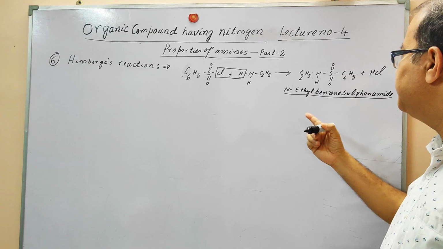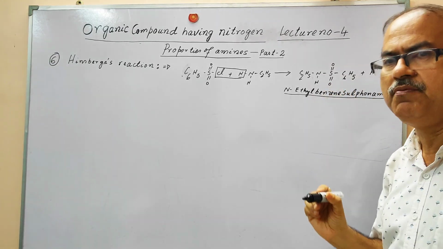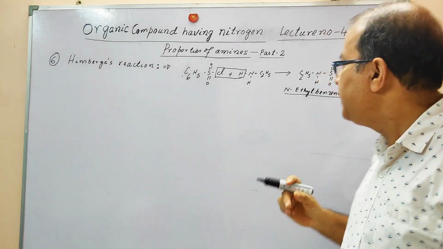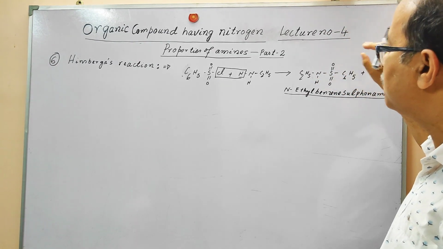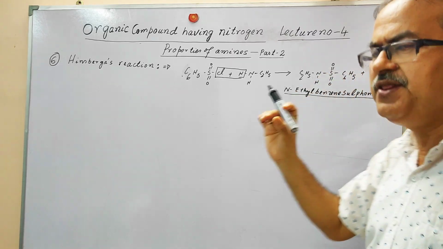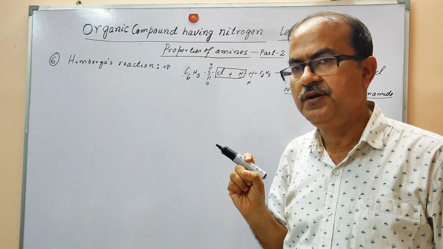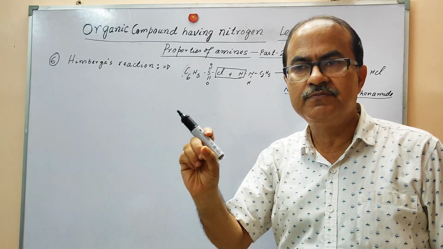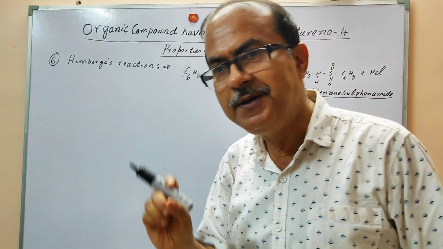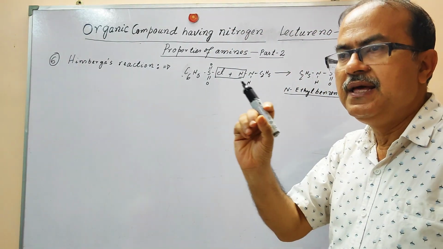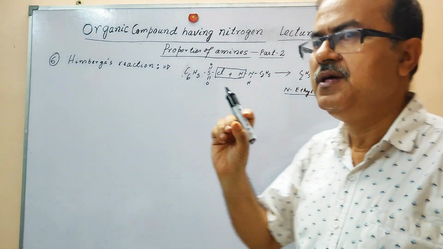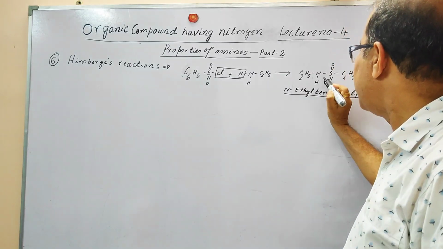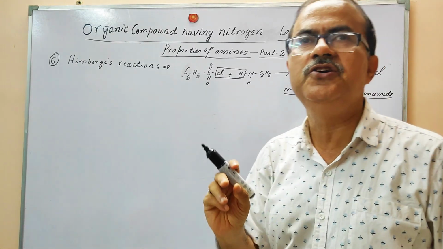Here you can see there is one hydrogen atom left in this benzene sulfonamide. Due to the fact that the sulfonyl group is highly electron withdrawing, and we know that if an electron withdrawing species is placed in the compound, the hydrogen atom becomes very active and can be easily released as an H plus ion.